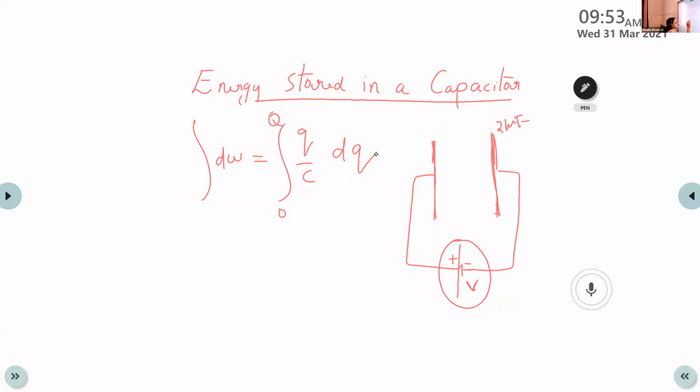And the charge varies from 0, since initially there is no charge on the capacitor, to finally capital Q, when it is completely charged. Here Q by C dQ, where Q is the charge, C is the capacitance, and dQ is the small charge. The capacitance remains constant throughout.